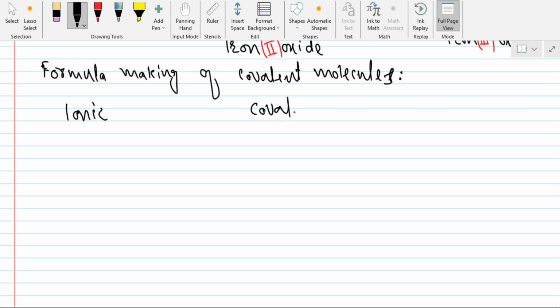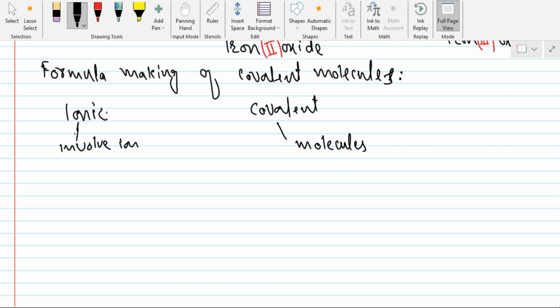Ionic involves ions, whereas covalent involves molecules. In ionic we must write the formula in the simplified form, but in covalent we must not simplify. We must show all the actual numbers.